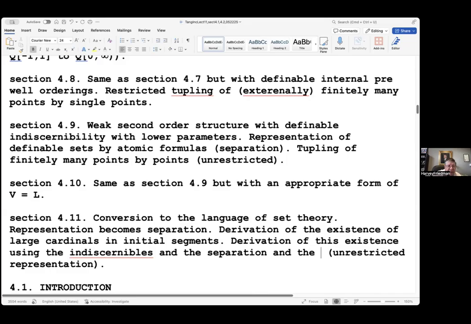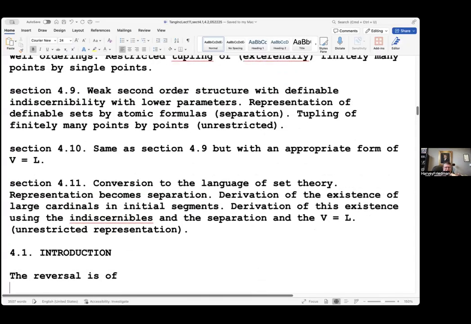And the V equals L. All right, so this needs a little bit of perfection to give this overview. I think this overview is useful.